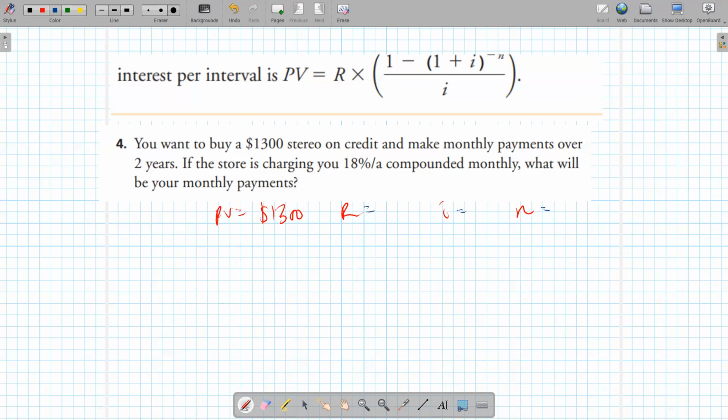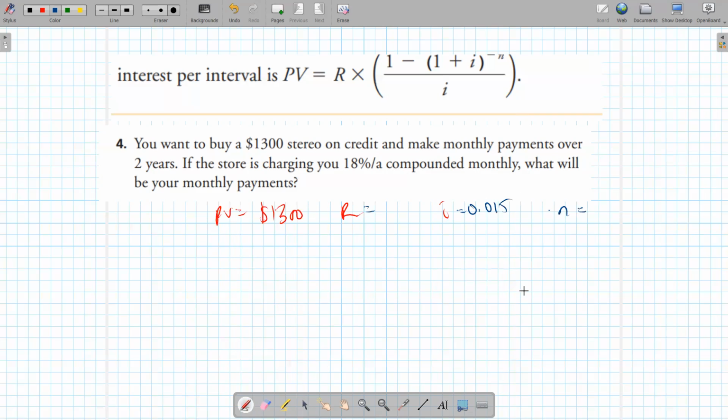I is 0.018 divided by 12. Yeah, try that. 0.0015. Sorry, 0.015?